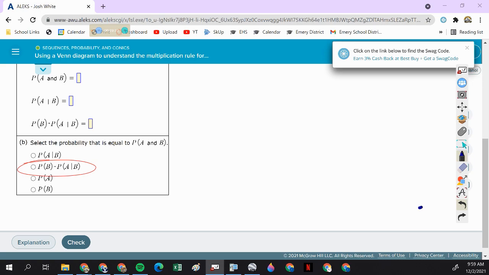So what's the probability that a selected person is in both the science club and the chess club? That's a little bit beyond the scope of this class. Anyway, you guys won't be tested on those questions.